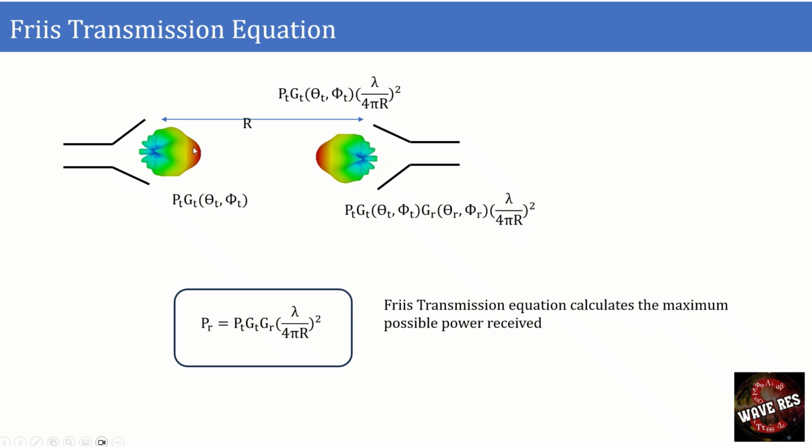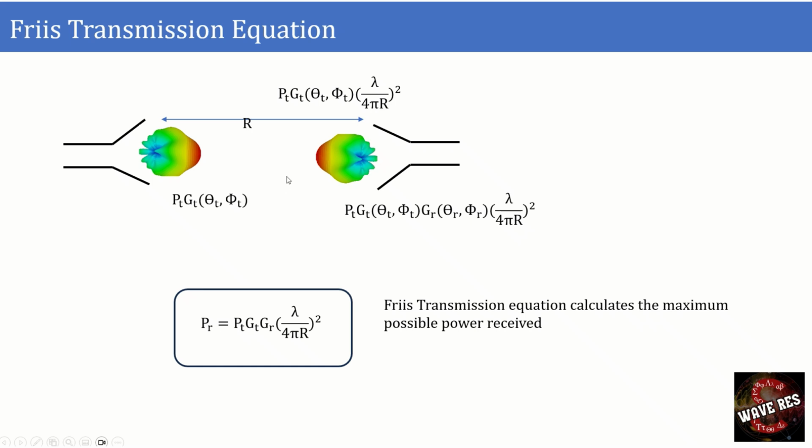If we consider both antennas arranged for maximum power transfer, we can take GT as the maximum gain of the transmitter and GR as the maximum gain of the receiver. The equation then becomes PR = PT GT GR (λ/4πr)².